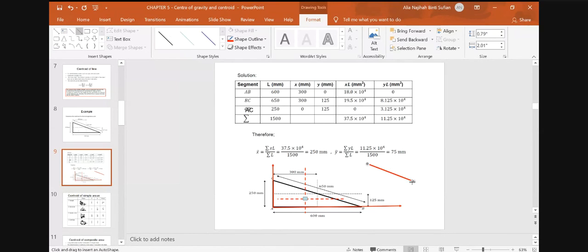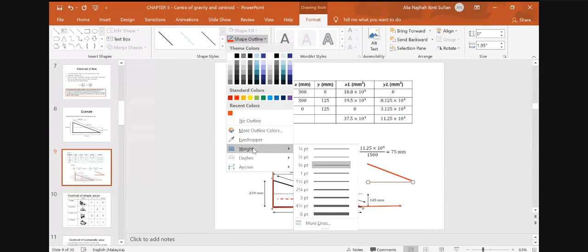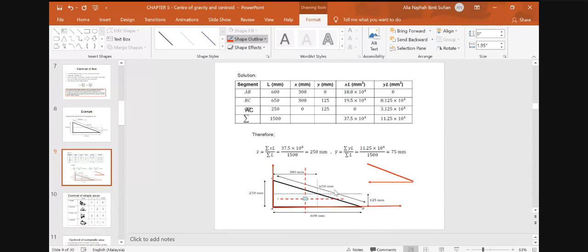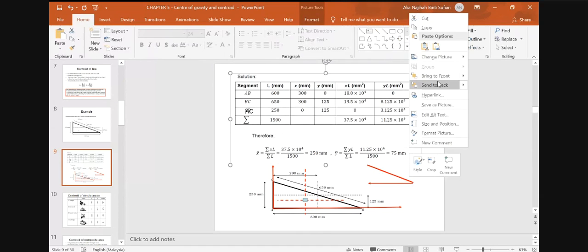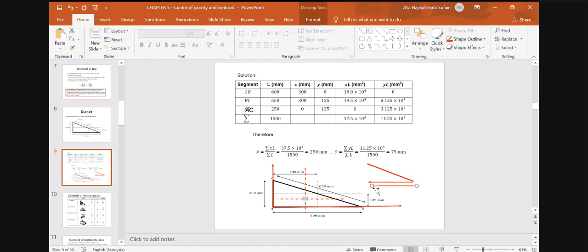So this is the component x, and component y.